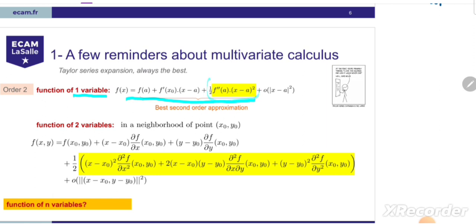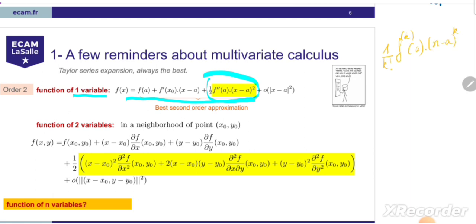So you've got this second order term, which is 1 over 2 f second of a times x minus a squared. So I can remind you that the generic term, let's take the kth term, is 1 over k factorial, the kth derivative of your function at point A times x minus a to the power k.